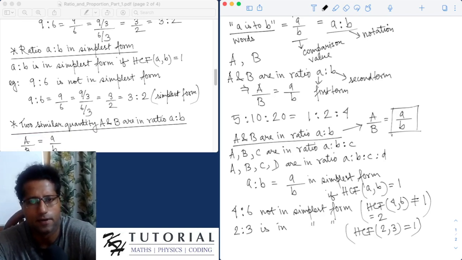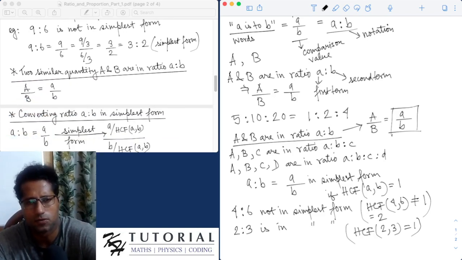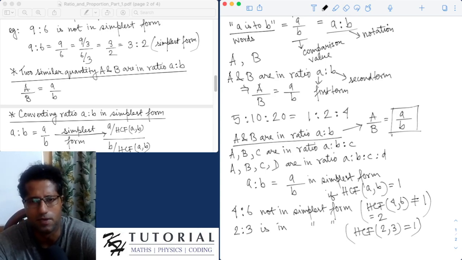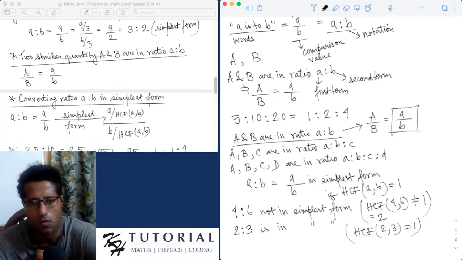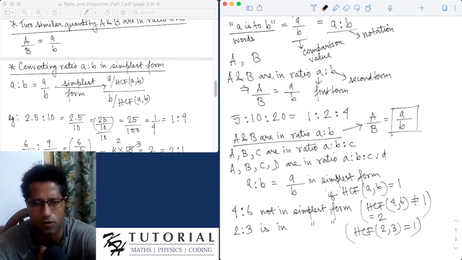Now the second concept is that when two similar quantities capital A and capital B are said to be in the ratio a:b, it means that capital A by capital B equals small a by small b. This we have already discussed. Now how do we convert a given ratio to simplest form if it is not already in the simplest form? Please follow the notes.